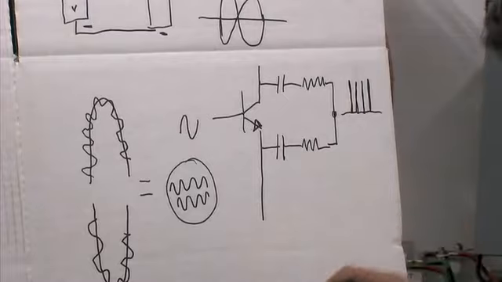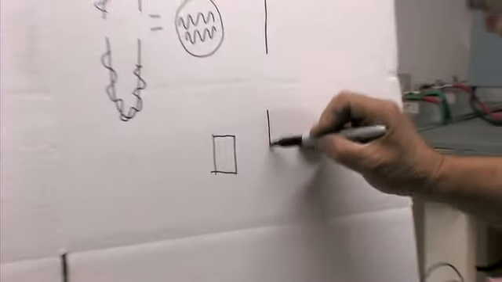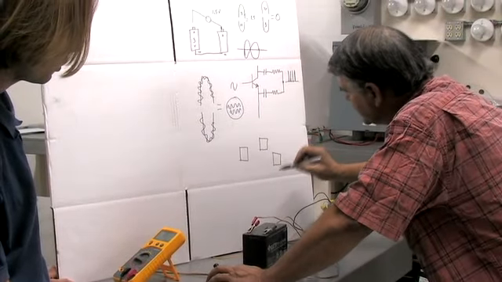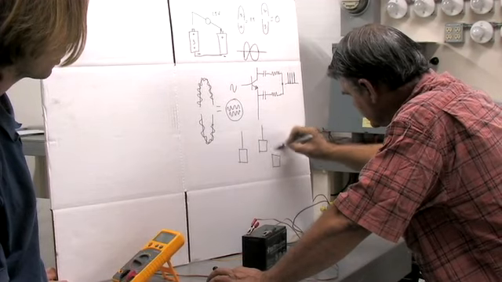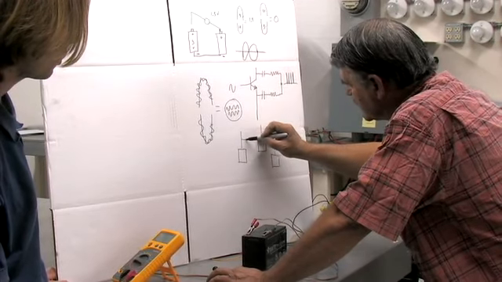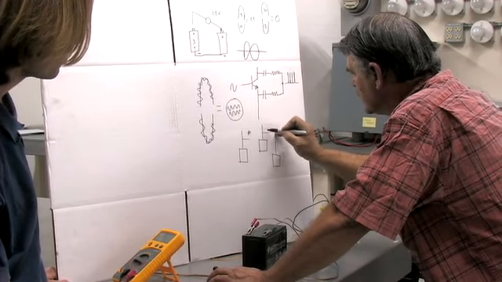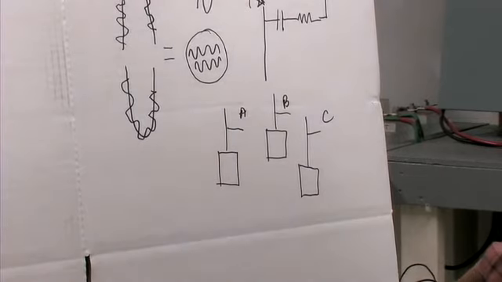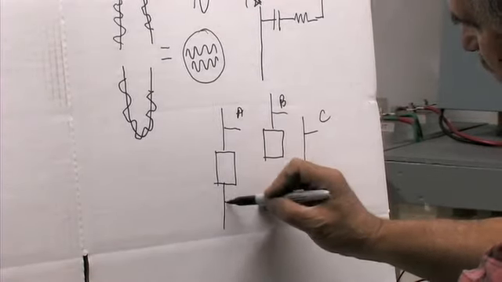So suppose we did a sophisticated circuit and there was a device here, and there was a device here, and a device here. And I pick off all these structures, A, B, and C. Okay, and they all have similar structures, right?